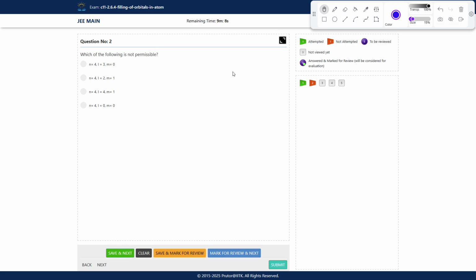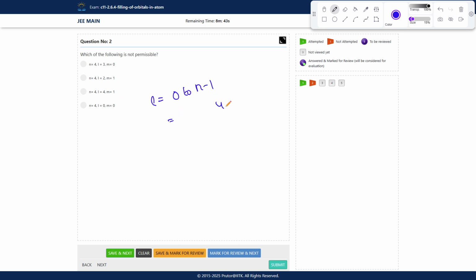Moving on to the next question. Which of the following is not permissible? Four different combinations of three quantum numbers are given here. What will be the correct answer? The correct answer will be option C. Yes, very good. How is it incorrect? Because your l value can only go from 0 to n minus 1.